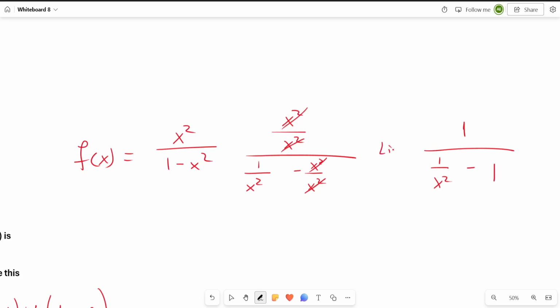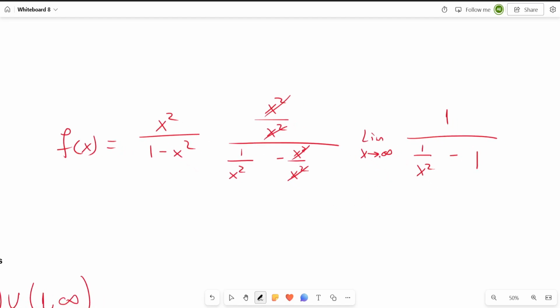I'm going to take the limit as x approaches infinity because I want to see my end behavior. When x approaches infinity, this whole term becomes 0 because 1 over a very large number is 0. I will be left with 1 over minus 1, which is equal to minus 1. So y equals minus 1 is a horizontal asymptote.